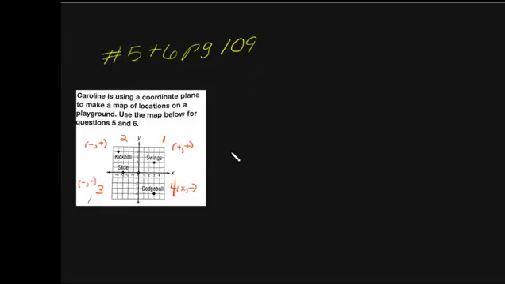The other thing that you need to remember is that if you're moving to the right, we're talking about the x coordinate. If you're moving to the right, it's going to be positive. If you're moving to the left, it's going to be negative.